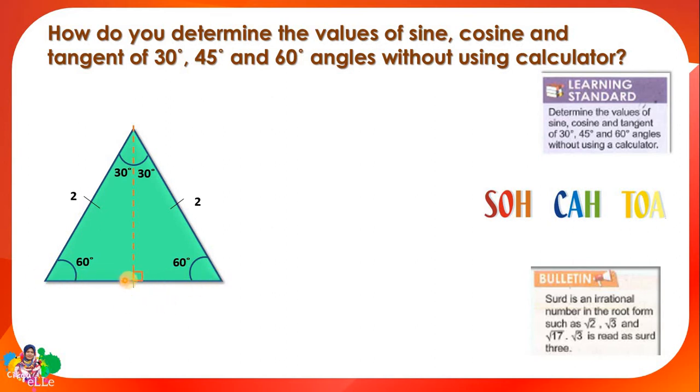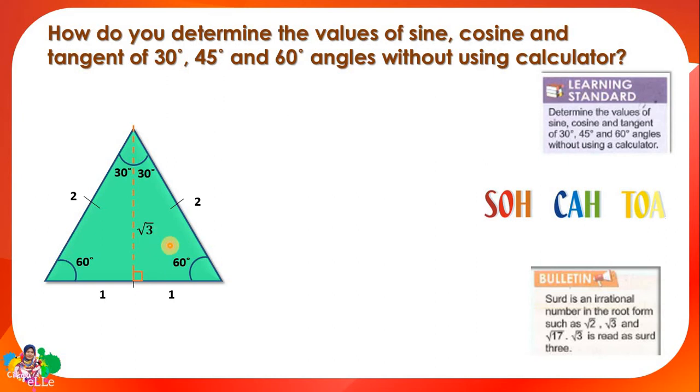Therefore, it cuts this straight line into two equal lengths. So this one is 1 unit. How to find this side? By using Pythagoras theorem, 2 square minus 1 square is 3. So square root 3. So this one is square root 3.